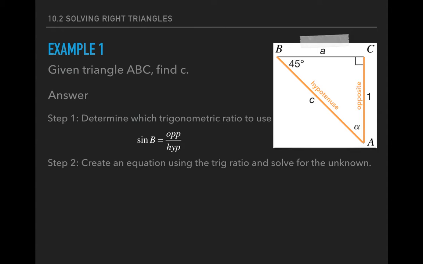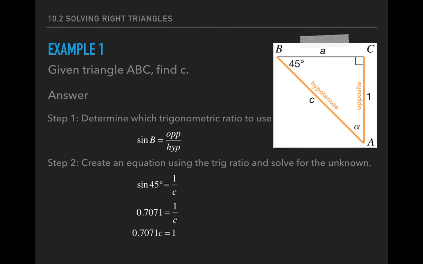Okay, let's use our trig ratio, plugging in what we know and what we're looking for. Sine of 45 would be 0.7071 if you use your calculator to evaluate that. And again, we'll cross multiply, so it'll be C times that value equals 1.